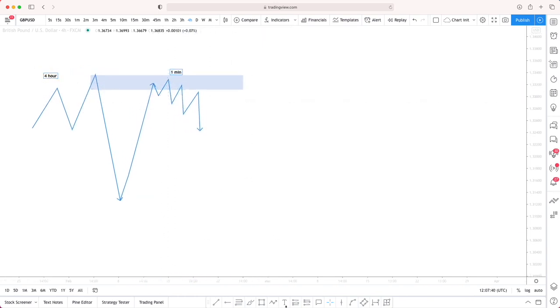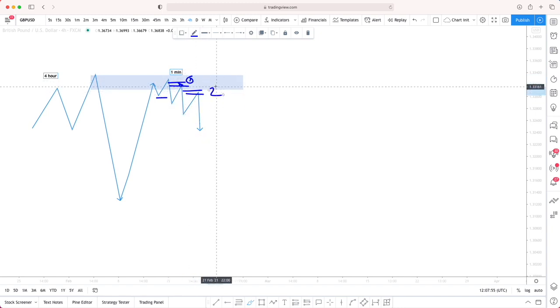On the lower time frame, we need a break of structure and an impulse with a successful retrace. Same thing, this is going to be entry number one, and that's going to be entry number two. Entry number two is still the safer entry regardless, so it gives you a higher probability.